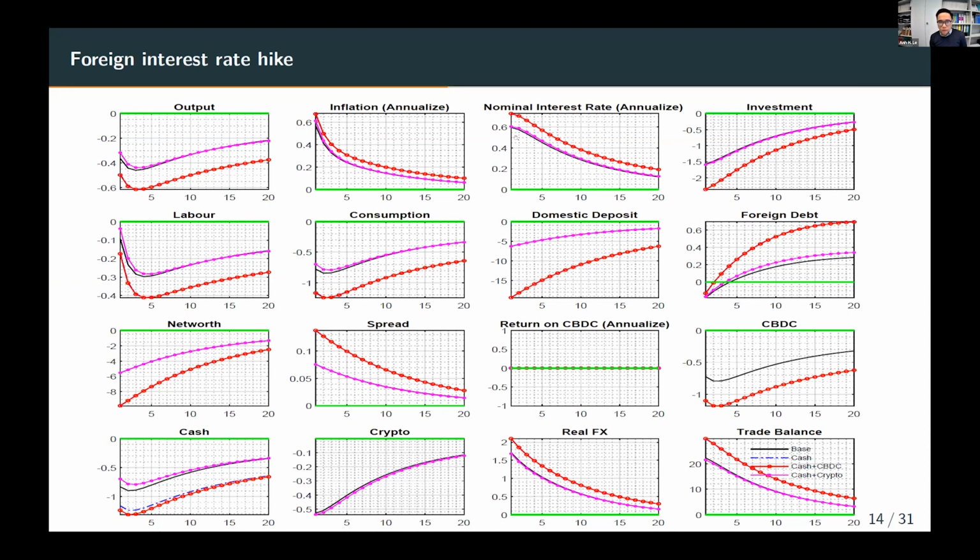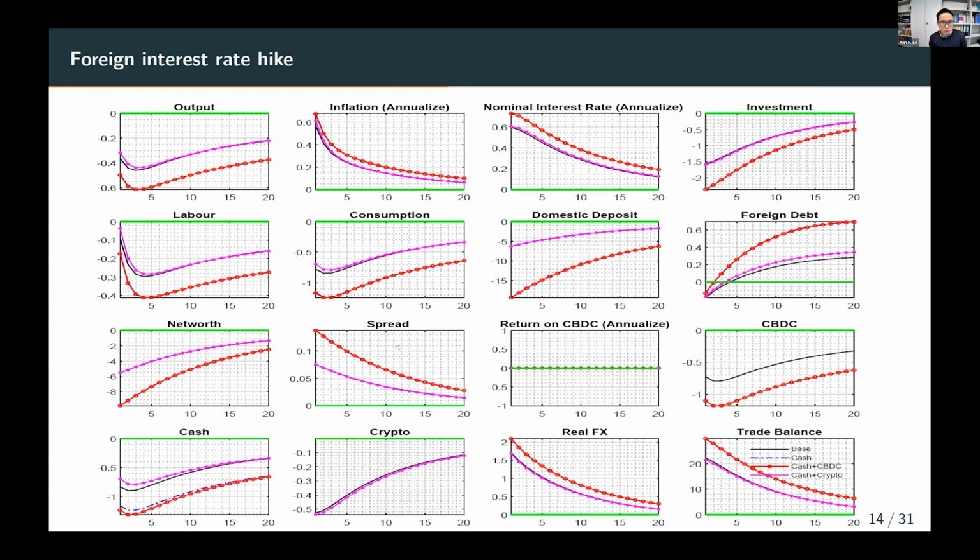Let me draw your attention to every model with crypto. It shows a less severe recession in response to the foreign interest rate shock, in terms of macroeconomic variables, the net worth of the banker, and the credit spread. So on both sides, macroeconomic and financial, at the same time.